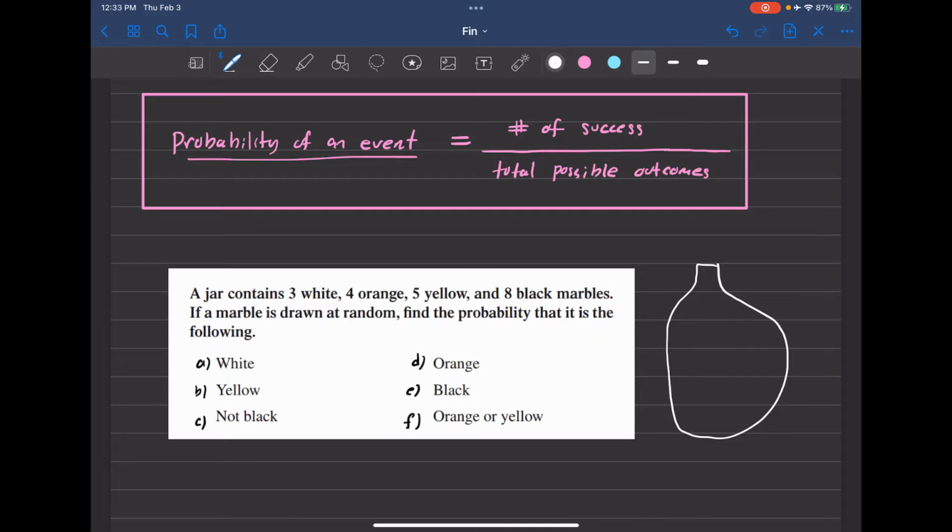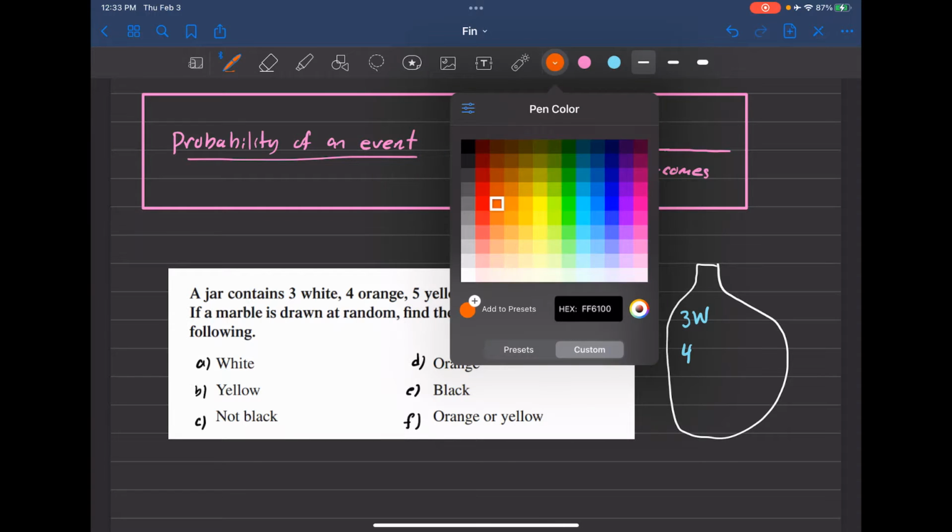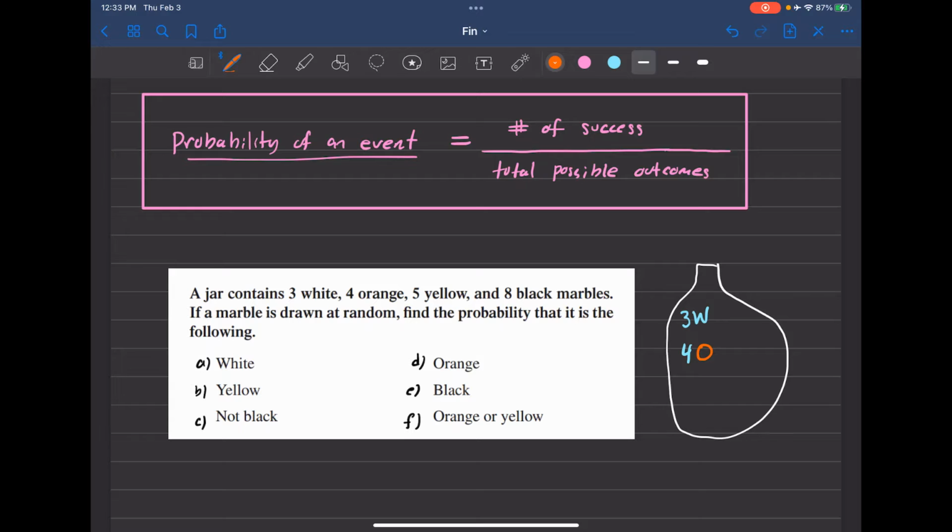We have 3 white, W for white, and 4 orange. I'm just going to use the word orange so we don't think this is 40. So 4 orange, 5 yellow, and 8 black. So these are the marbles we have in our jar.